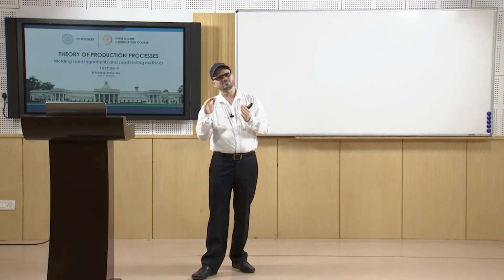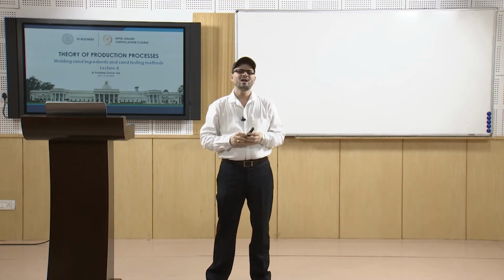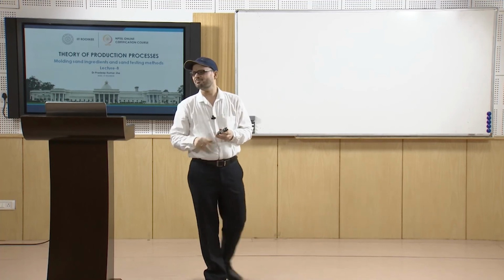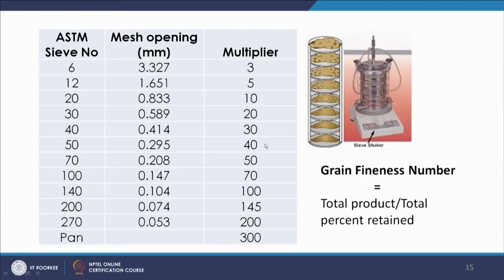The percentage is calculated by multiplying with 2, and then that percentage is multiplied with the multiplier of the sieve. These products are added, and then divided by 100. That number gives you the grain fineness number.